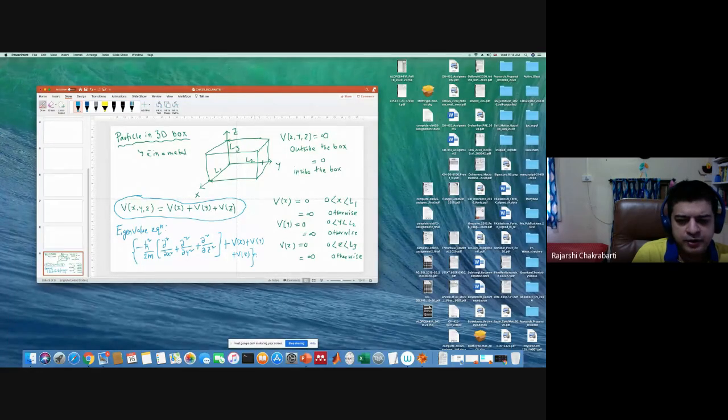The whole thing operates on some wave function which is a function of x, y, z, and that gives me energy times psi of x, y, z.